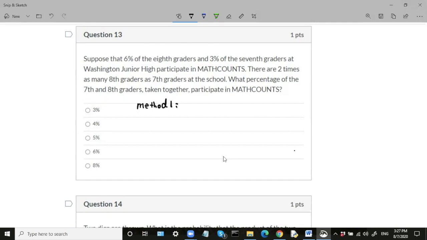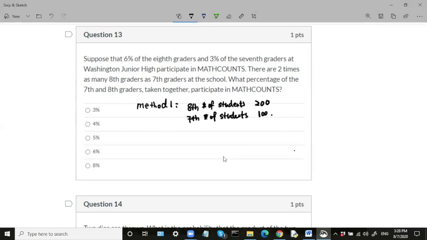Let's say the number of 8th grade students is 200, and the number of 7th grade students is 100. So what percentage of 7th and 8th grade taken together participate in Mathcounts?